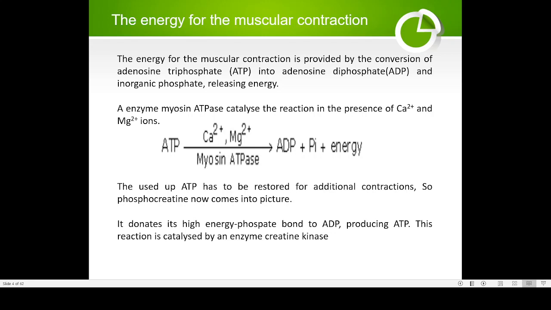How is that energy created? For that you have to understand that energy is always created by the splitting of a molecule known as ATP. When an ATP molecule is split into an ADP molecule and inorganic phosphate, a certain portion of energy is released.